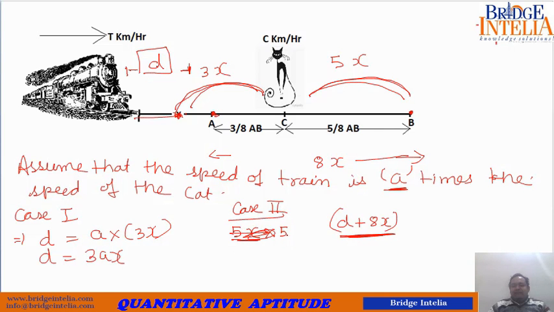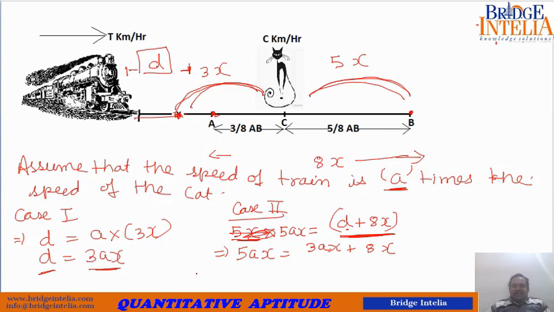So I can write 5ax is equal to D plus 8x. Now instead of D we can write 3ax. So replace this D with 3ax. So 5ax is equal to 3ax plus 8x.